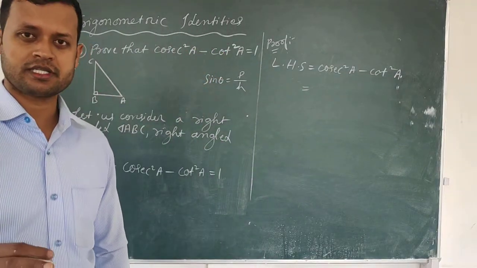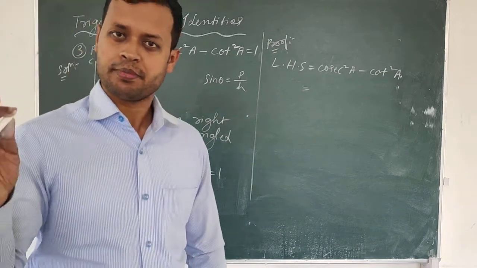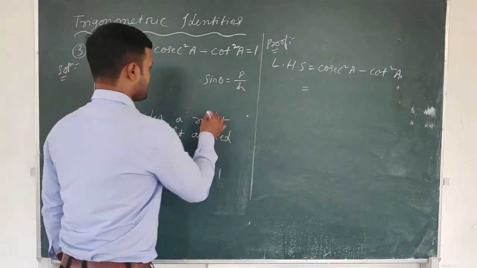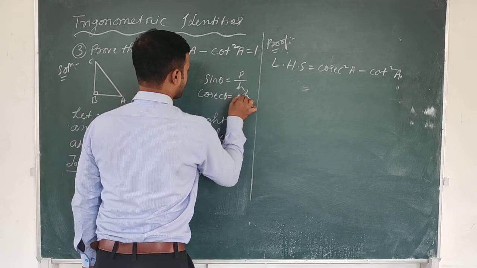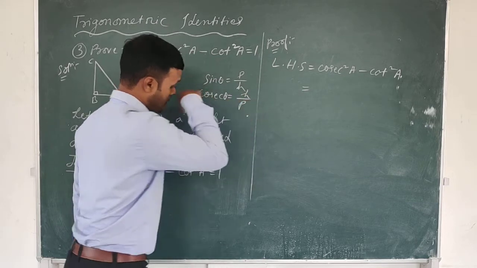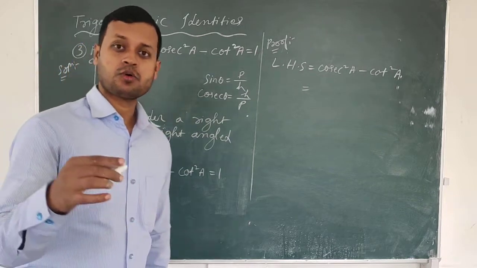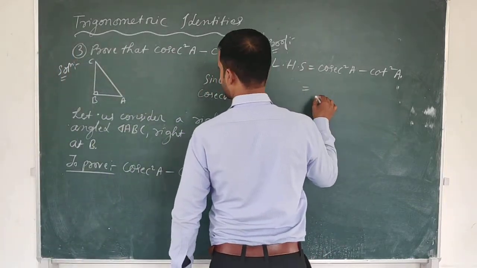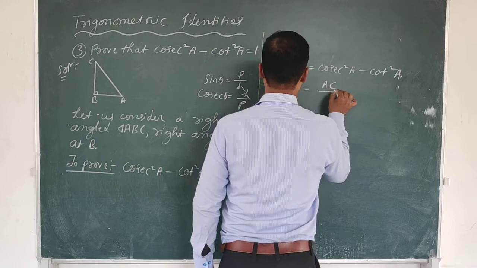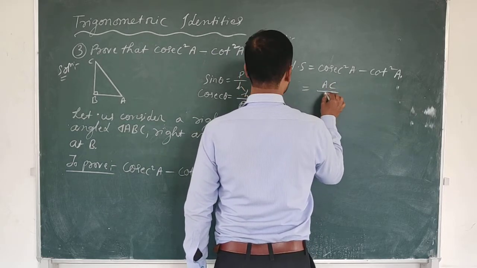So for sin we write perpendicular by hypotenuse. If sin is p by h, then cosec will be h by p, hypotenuse by perpendicular. Hypotenuse is AC and the perpendicular is BC.